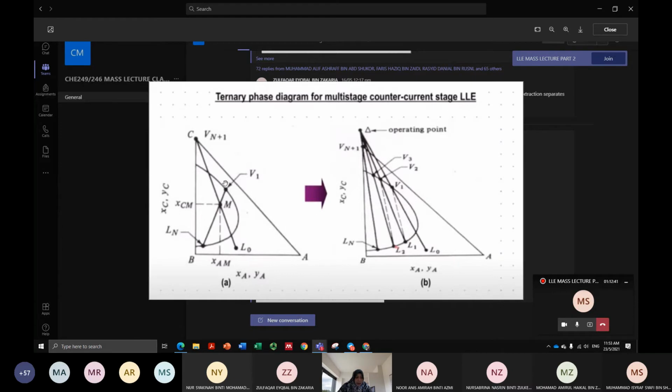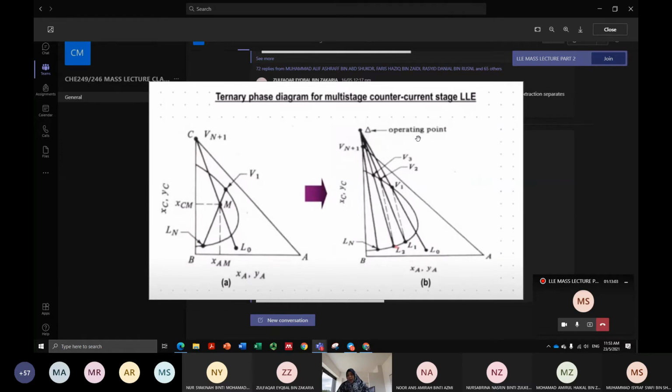Okay, extend the line. And then you draw from Ln to Vn plus 1, extend the line. So when these two lines intercept, you get your operating point.